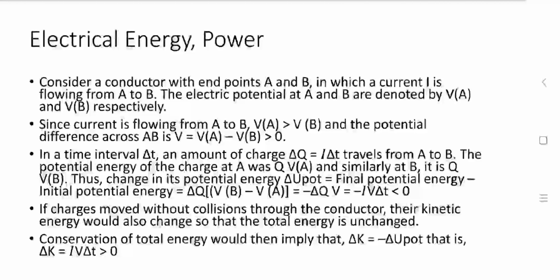This is nothing but delta K, which is opposite to the potential change, minus delta U, and that is a positive I V delta t. It means whatever amount of potential energy is available with the charges, the same energy is converted into kinetic energy, and that is obviously equal and opposite.